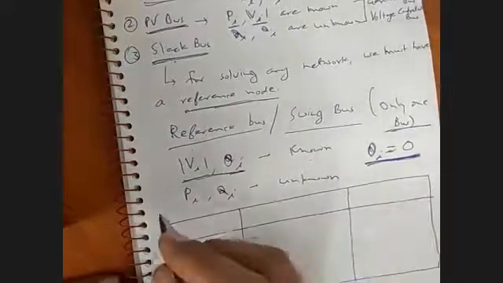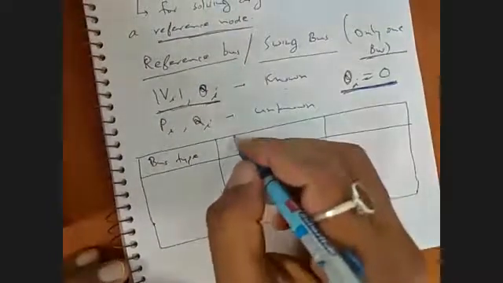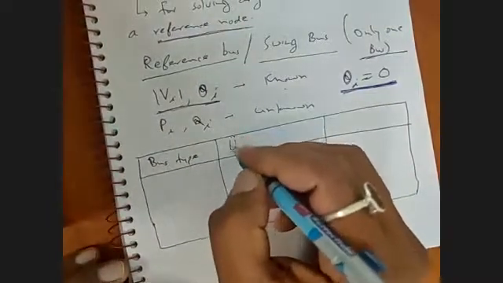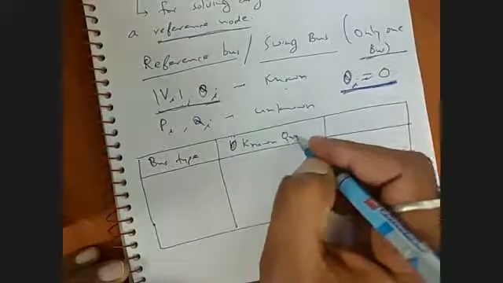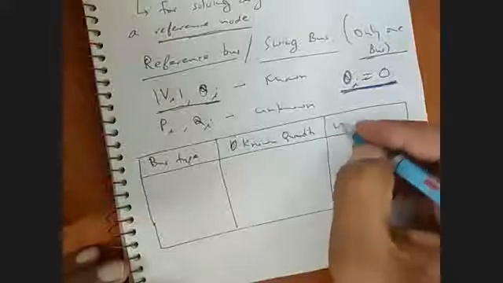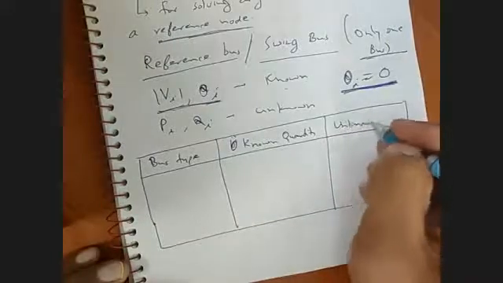So to summarize, we have bus type, known quantity, and unknown quantity.